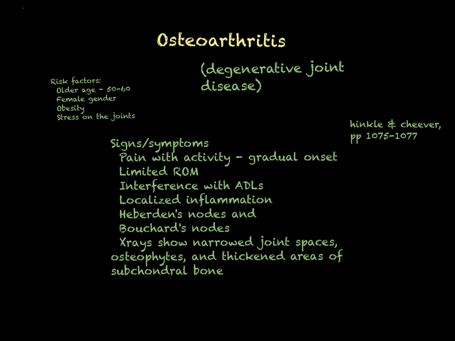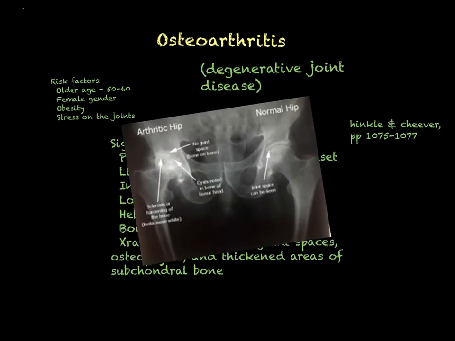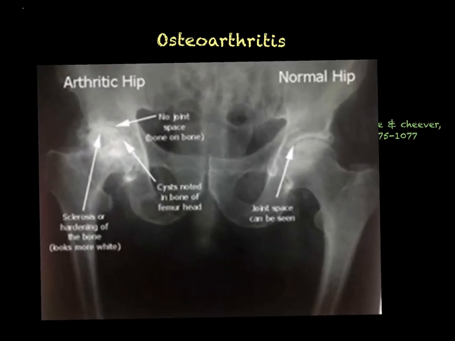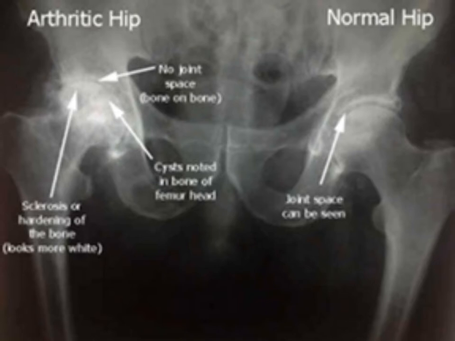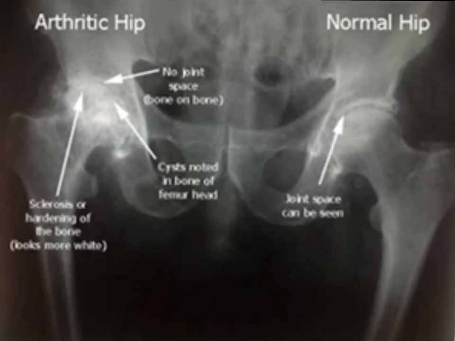So let me pull that up for you. And here is an arthritic hip on the left and a normal hip on the right. Let me blow that up a little bit. Now, some of these things I find, honestly, a little bit harder to see than obviously the radiologist did, but that's why he gets the big bucks. So in the normal hip, you see the articular surfaces have that nice space in between.